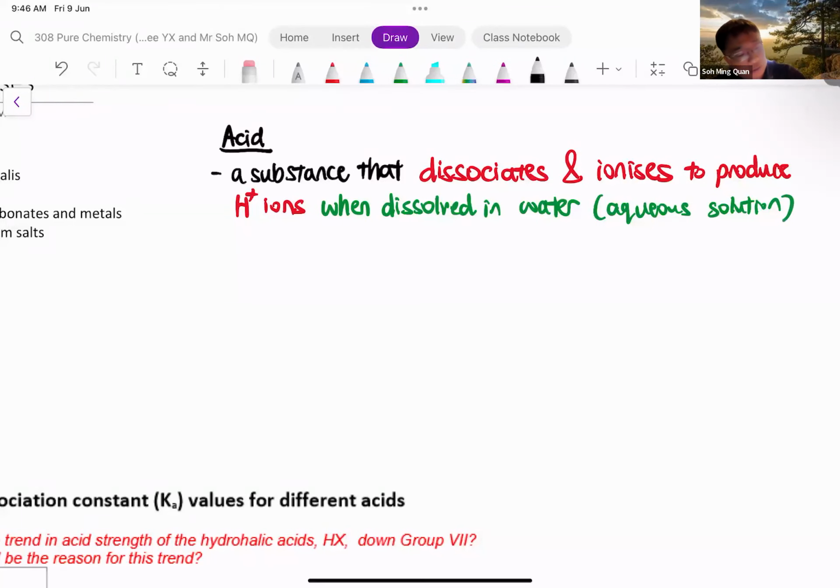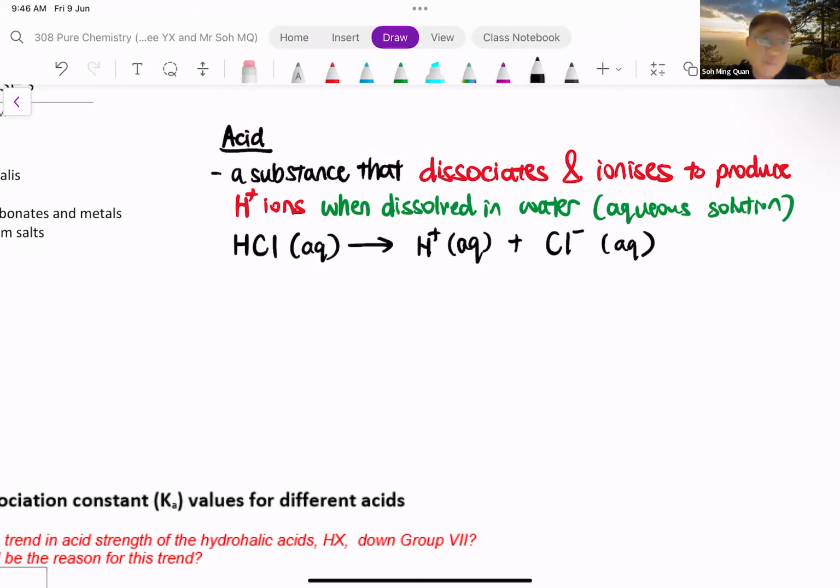What is also crucial is writing the equations for the dissociation. The first typical example is HCl, hydrochloric acid, which dissociates to produce H+ and Cl- in aqueous solution. Now, sulfuric acid is interesting because it is a dibasic acid.